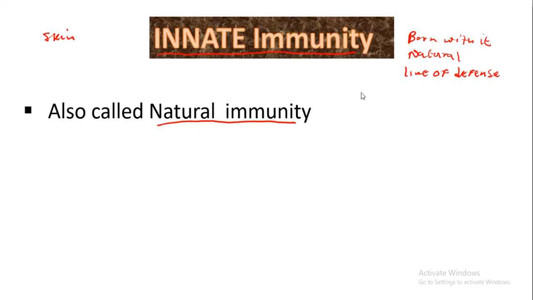This innate immune system is made up of two components. You can talk of the physical barrier, and you can also talk of the cellular part. Most of the time, people only understand the cellular components of the immune system, but we need to understand that there is also the physical barrier.